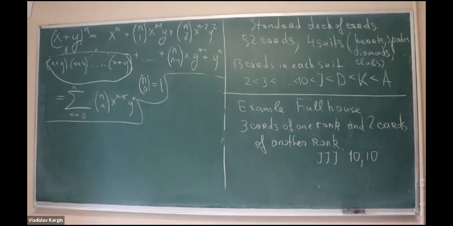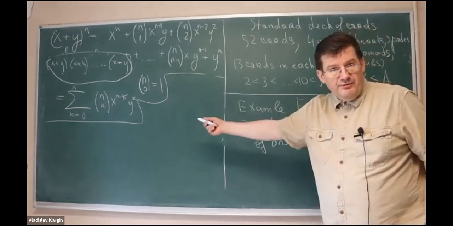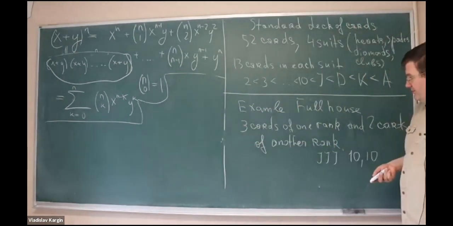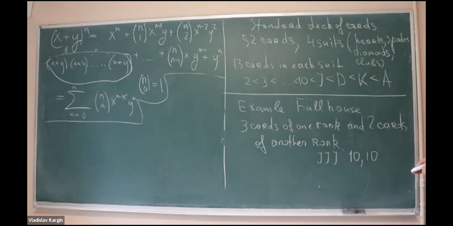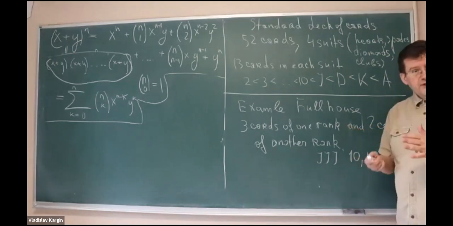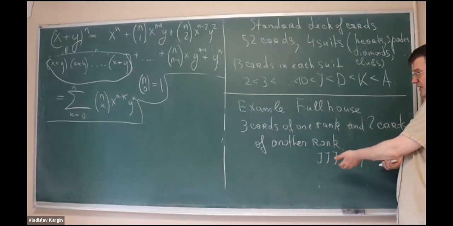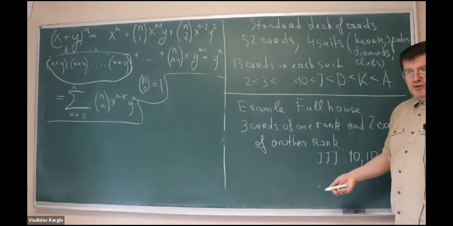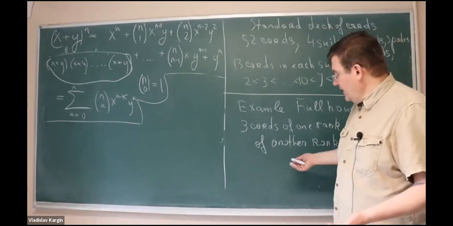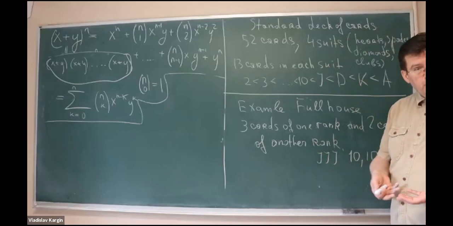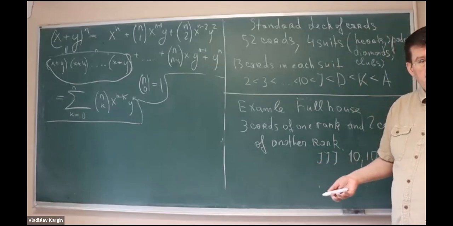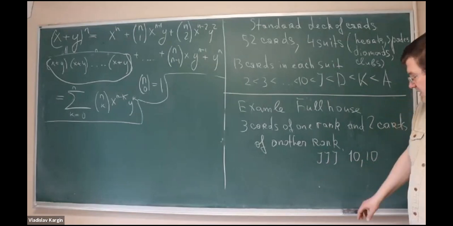Now how can we reason about this? It's not a straightforward application of these rules, but it's not very difficult here. First of all, the probability is the number of ways that you will get this particular hand, divided by the total number of possible hands.